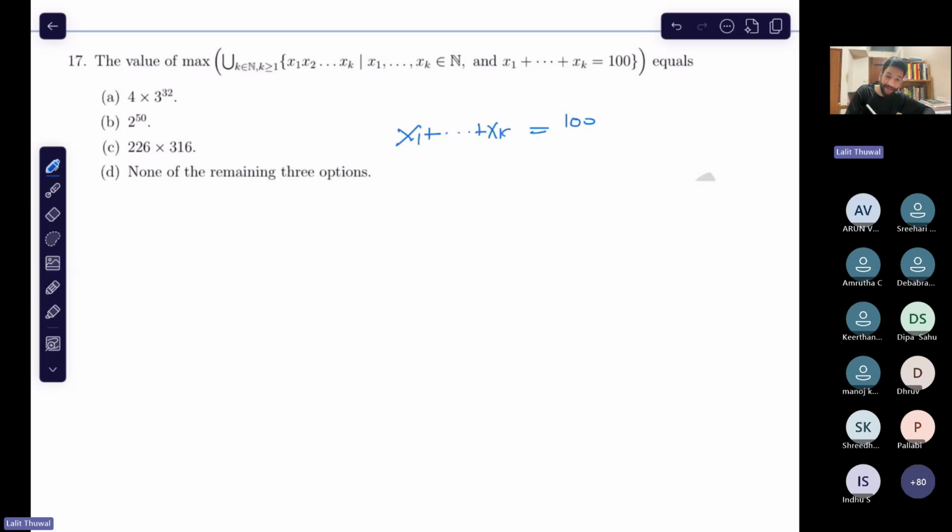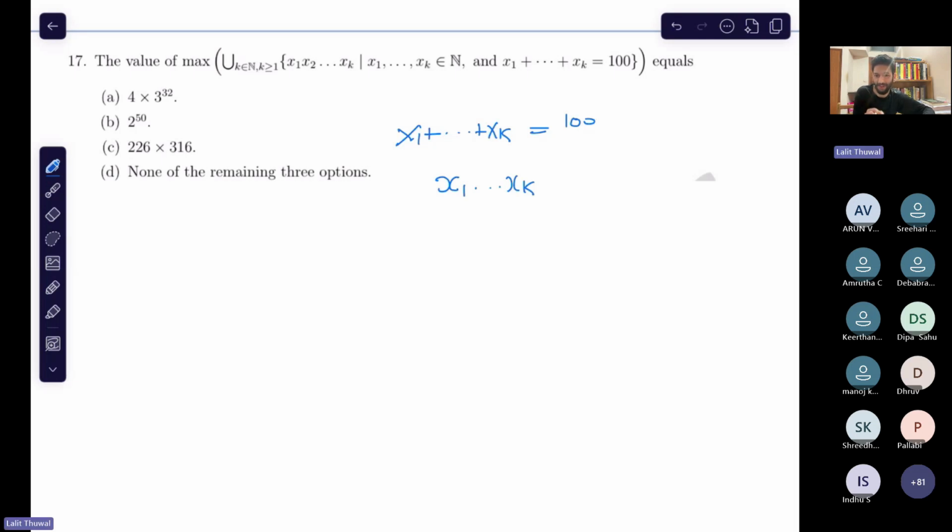Partition means you just divide 100 into a sum of integers less than n equal to 100. That is called a partition. Its name justifies it, right? So you consider the product of all the terms appearing in the partition. So what can be the maximum number you can get?